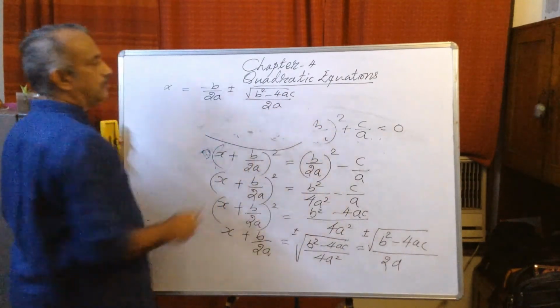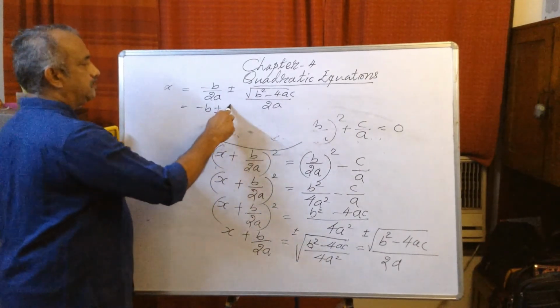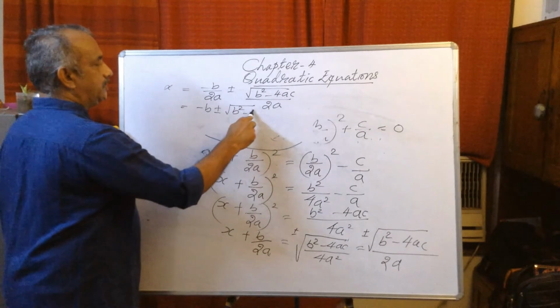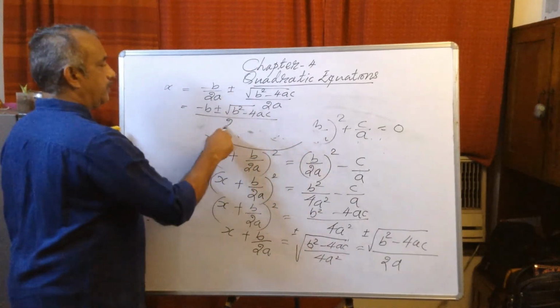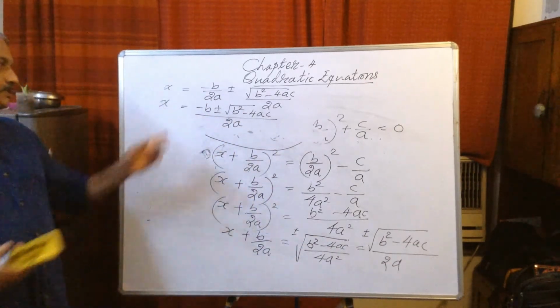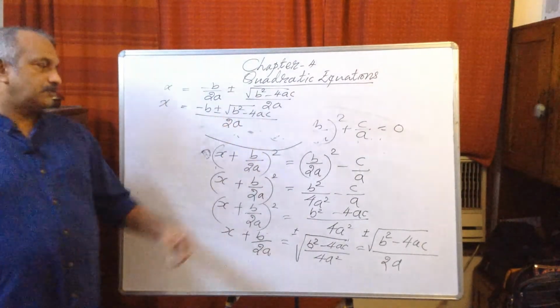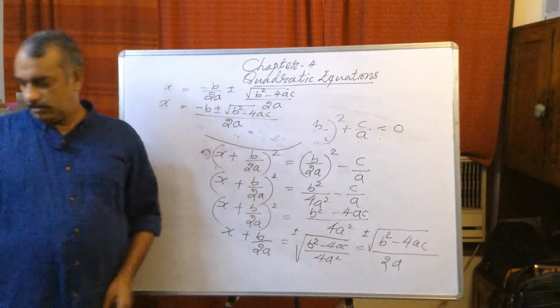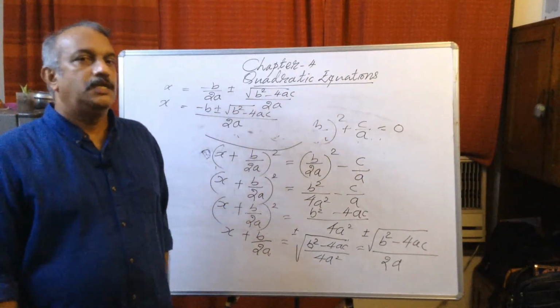Now 2a is common, so we can write minus b plus or minus square root of b square minus 4ac upon 2a. This is the formula for x. So we'll get the value of x if we substitute the values of a, b, c, and this is known as the quadratic formula.